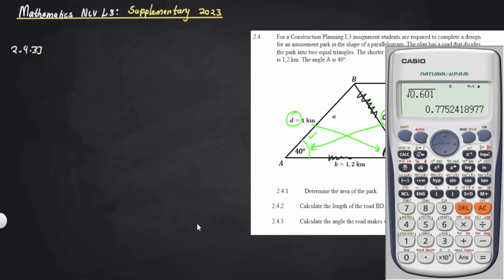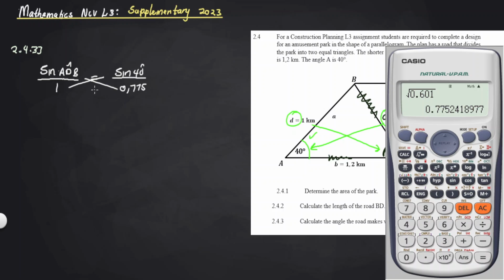So we're going to go about it this way: the sine of angle ADB over 1 is equal to sine of 40 degrees divided by 0.775.